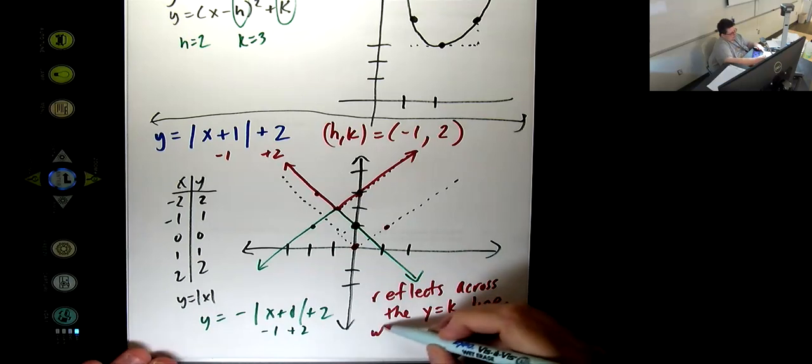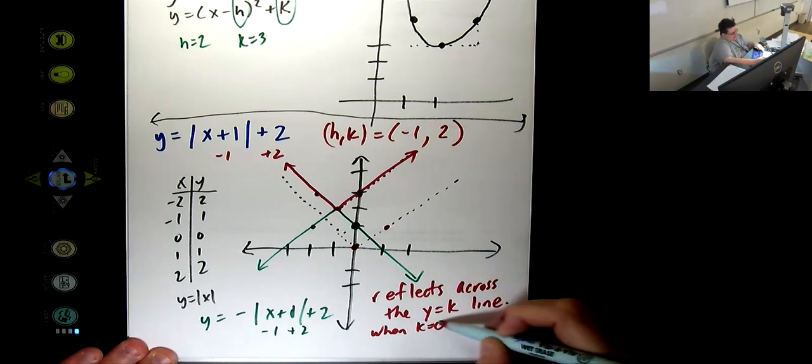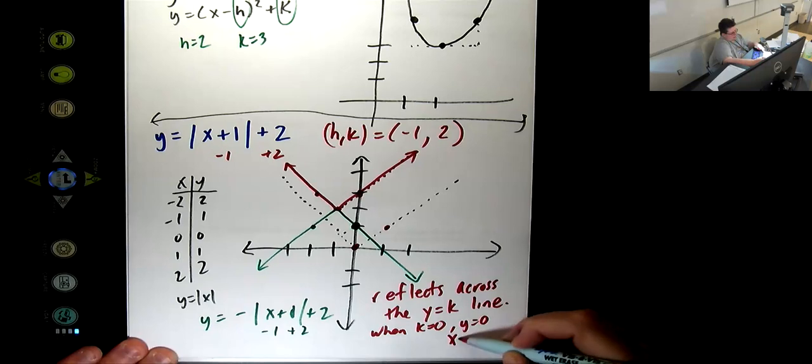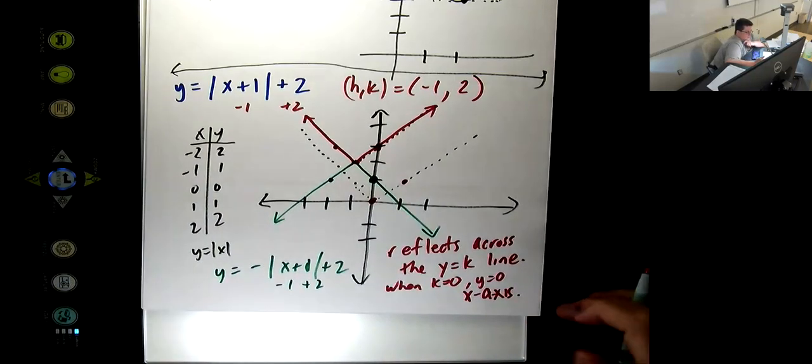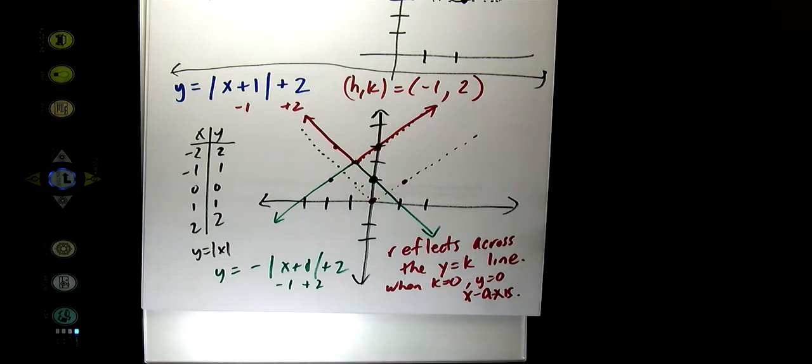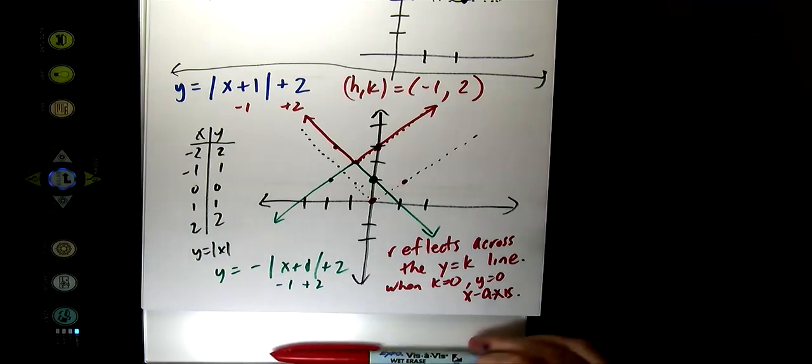When k equals 0, this is y equals 0, and that ends up being the x-axis. Because there's some cases where it reflects across the x-axis.